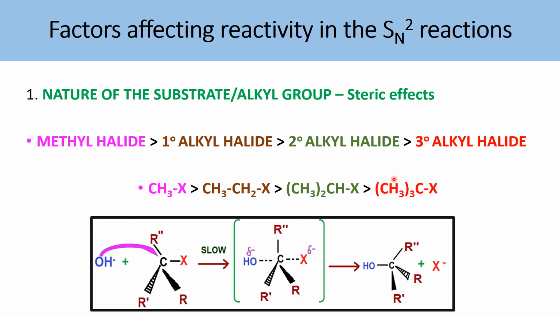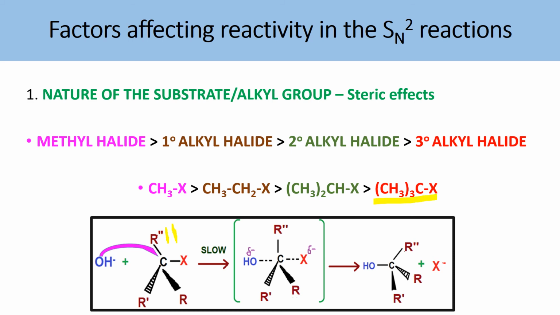There is no SN2 reaction for it. For a primary alkyl halide, R'' is hydrogen, R is hydrogen or R' is methyl and so on, and the reactivity is much higher compared to tertiary alkyl halide.